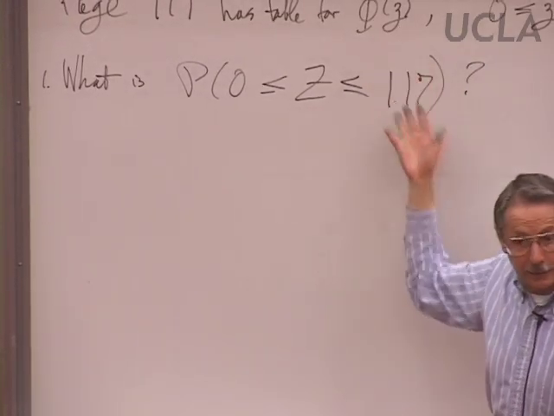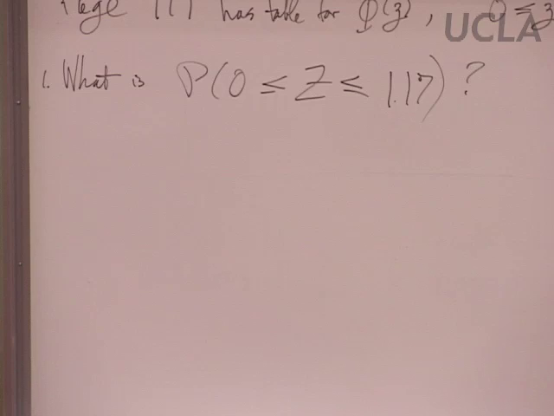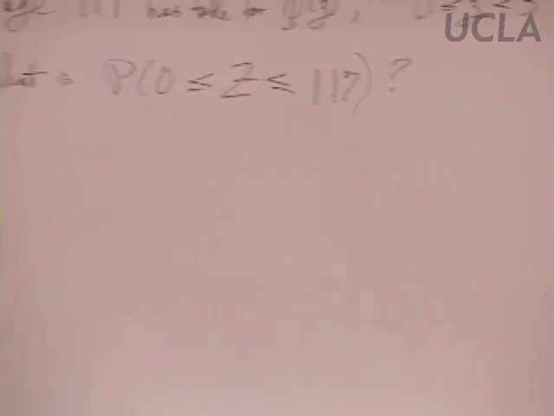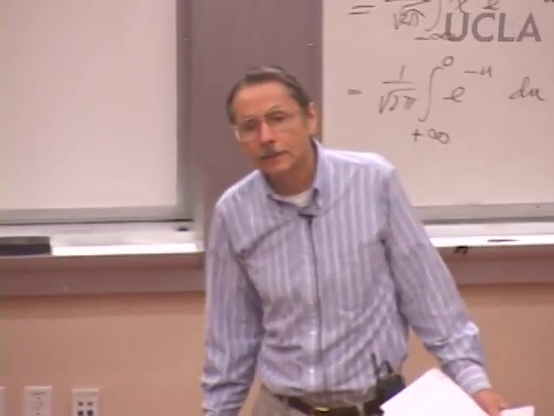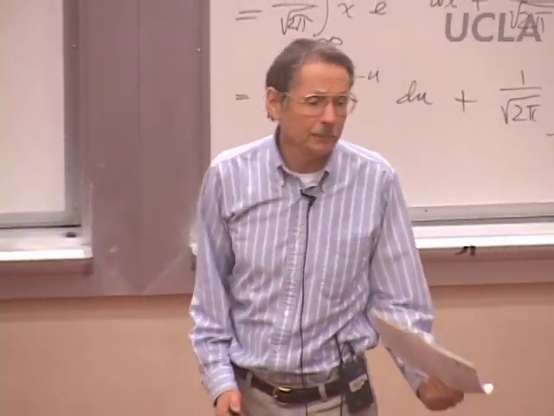Okay, well, as I say, your calculator may have that built in, but you still need to know how to do the tables. For our tests, you won't have your calculator with the phi button on it, and you will have a copy of the table.